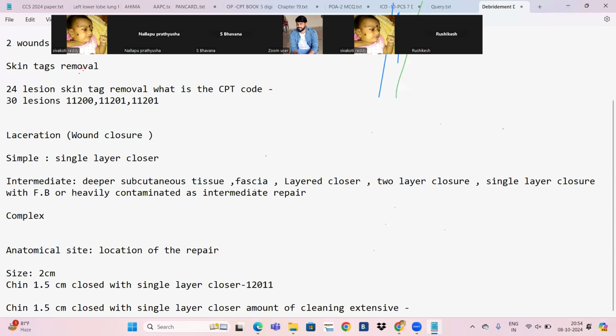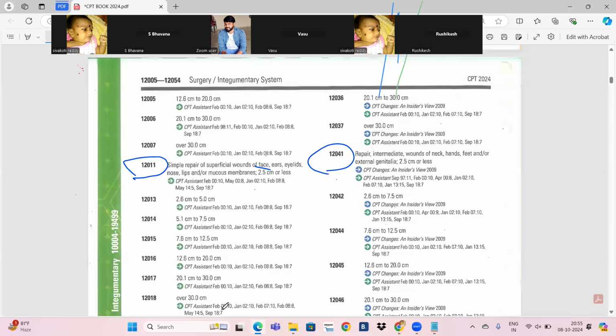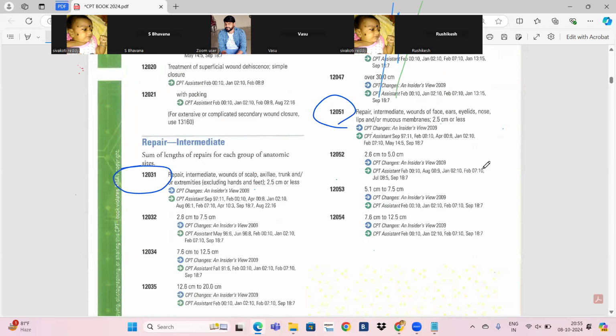Intermediate repair. Tell me the code. 12041? 12051. Face comes under which anatomic site? Chin means face, no? Yes, 12051.